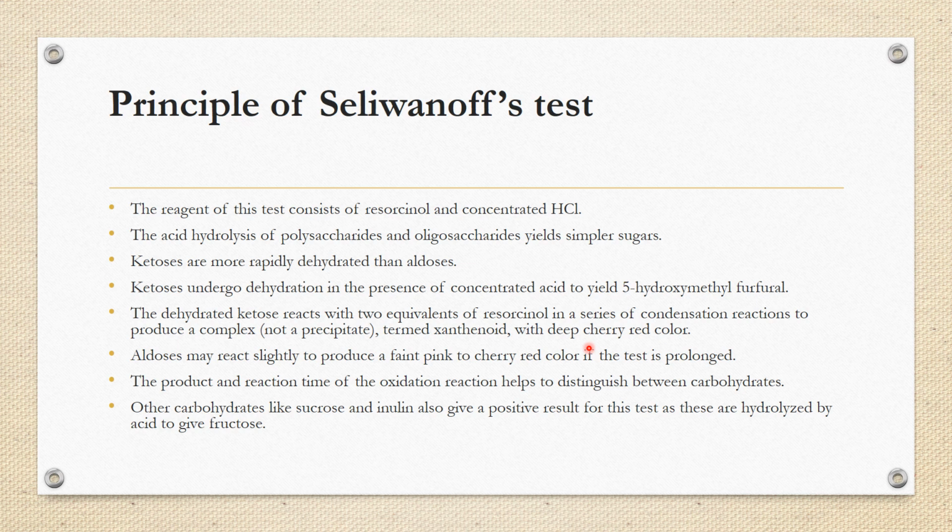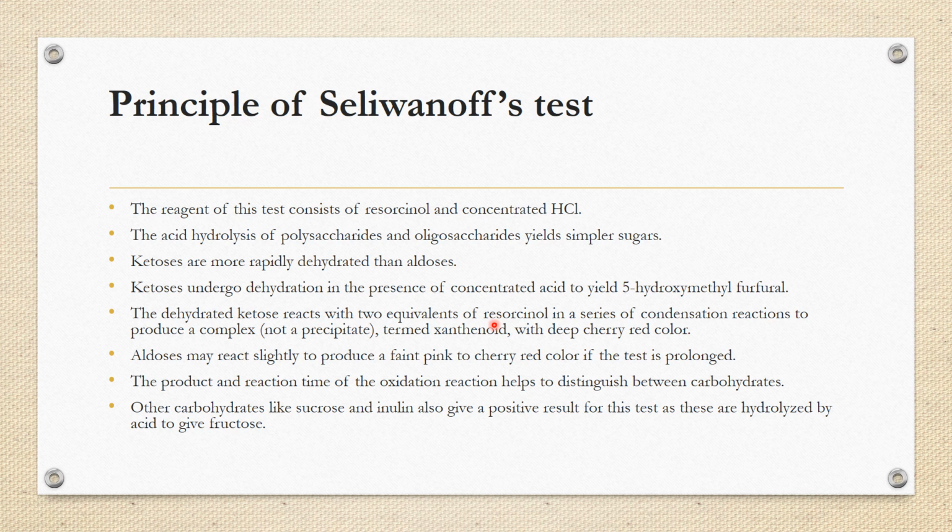I will repeat this paragraph again. The ketoses undergo dehydration in the presence of concentrated hydrochloric acid to yield 5-hydroxymethyl furfural. This 5-hydroxymethyl furfural, or we can say the dehydrated ketose, reacts with two equivalents of resorcinol.